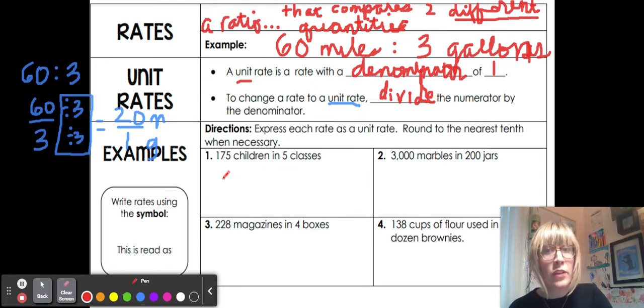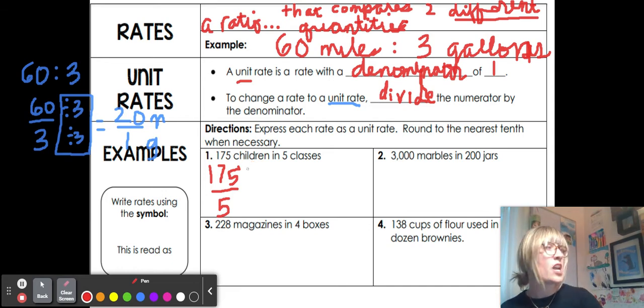So if we do an example, we're going to be given a rate and we want to express it as a unit rate. So we want to turn the denominator into 1. If we need to round, we can round. So we are given that we have 175 children in 5 classes. So we have a 175 to 5 rate, children to classes.